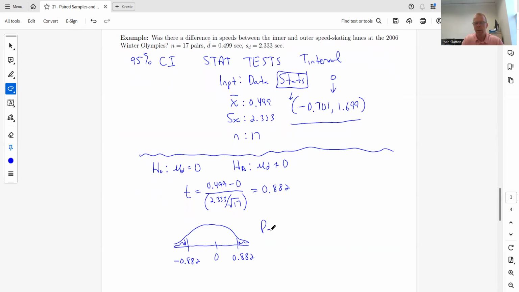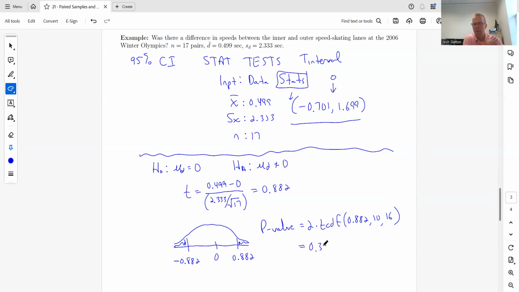And then for our p-value, we're going to go to tcdf. We're going to multiply it by 2. We have lower bound of 0.882, upper bound of 10 or 100 or 1,000, whatever you like. And then our degrees of freedom, again, is n minus 1, just like we were doing in previous chapters before chapter 20. And then we should get 0.391.